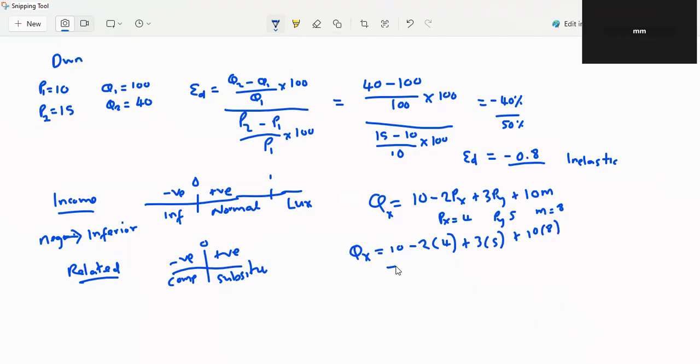So here we're going to have 10 minus 8 plus 15 plus 80. What do we get? We're going to get 97. So the quantity demanded is 97.